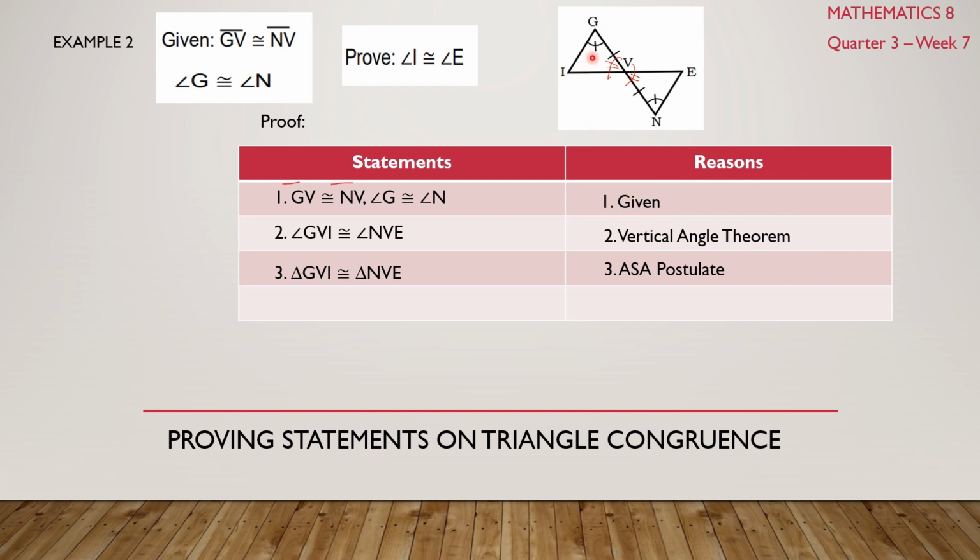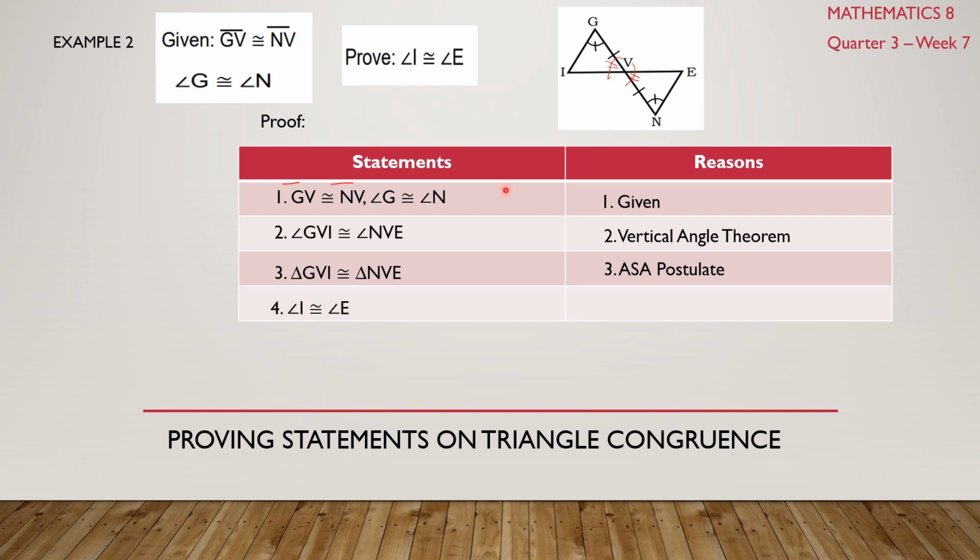What do we mean by ASA postulate? If two angles and an included side of one triangle are congruent to the corresponding two angles and an included side of another triangle, then the two triangles are congruent. Since we already proved that these two triangles are congruent, the remaining parts can be said to be congruent.